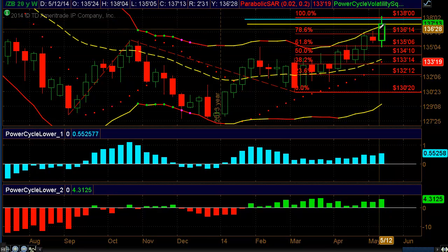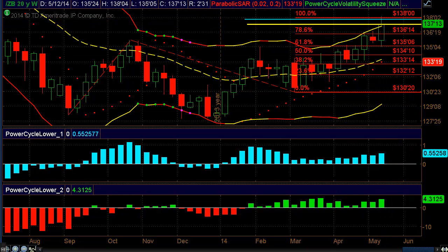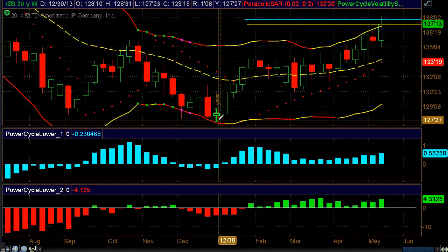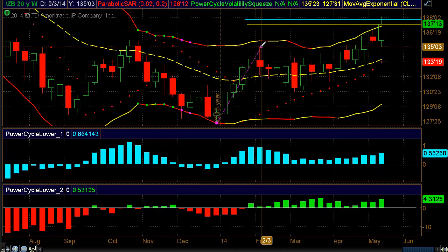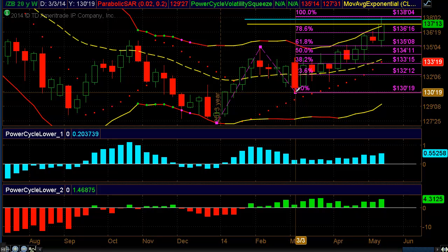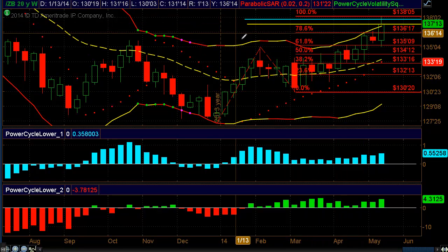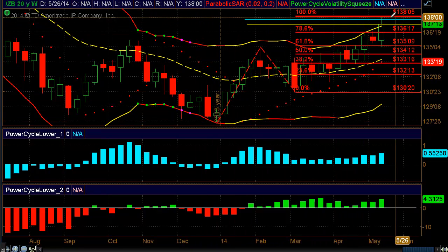That's why I believe that potentially we could get a little bit of a pullback, because we are a little bit overextended on bonds. Now the second point: take this low on the 30th of December, take that measured move to the high on the 3rd of February, and then go back to this pivot low back in March. You can see that the measured move, this distance from here to here, we just hit it again.